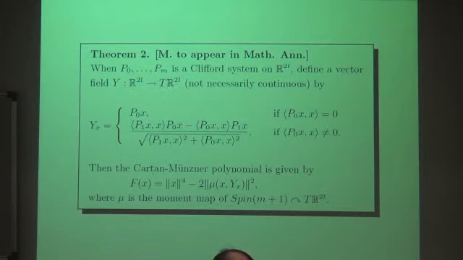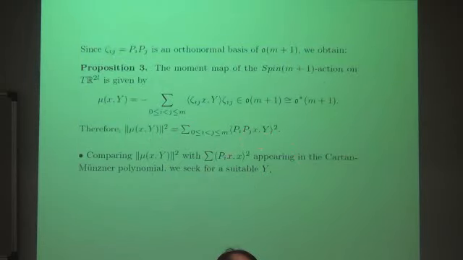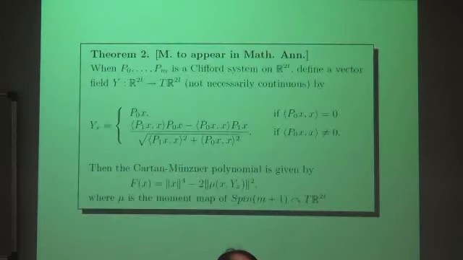Then we restrict our moment map to this section. Then the square norm coincides with this one. This is just a calculation. And so our Cartan-Münzner polynomial is expressed by, this is the first term.